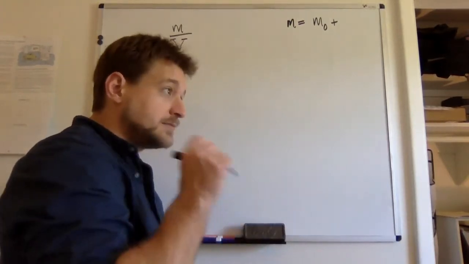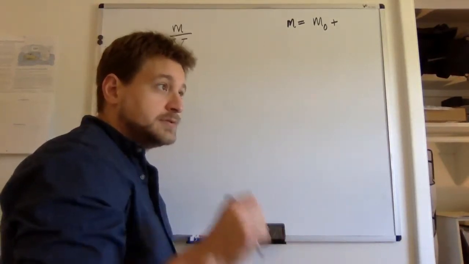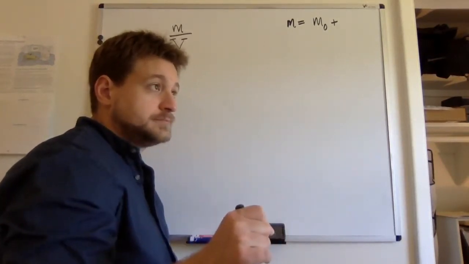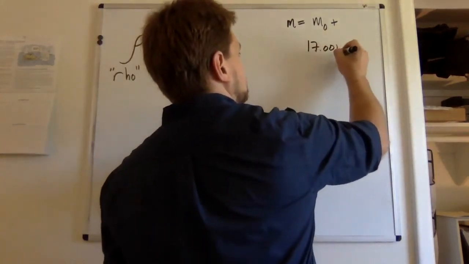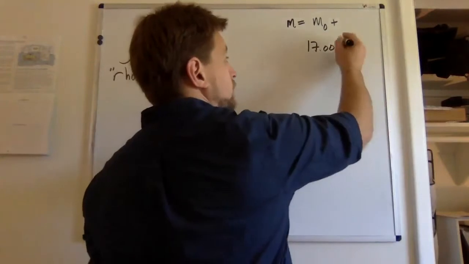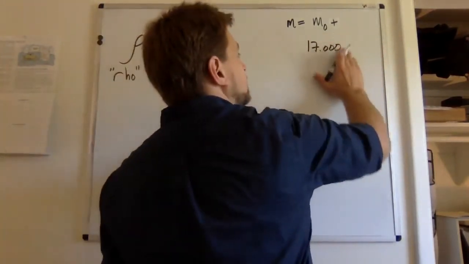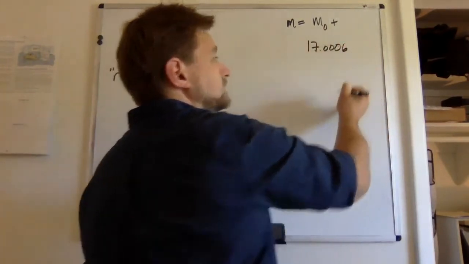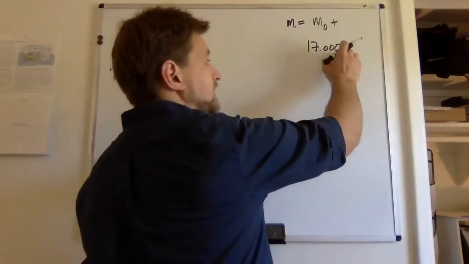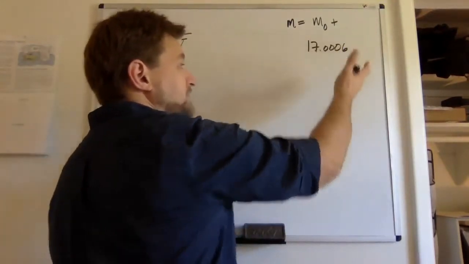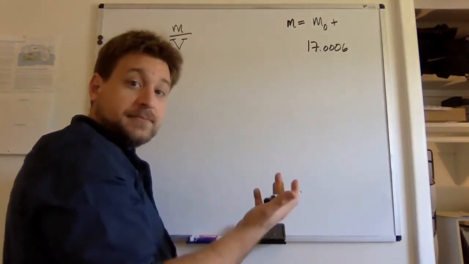So if we had 17.001, that might mean it looked like 0.8. It might mean it looked like 0.6. And there's about half of a thousandth that rounds to the measurement we had.